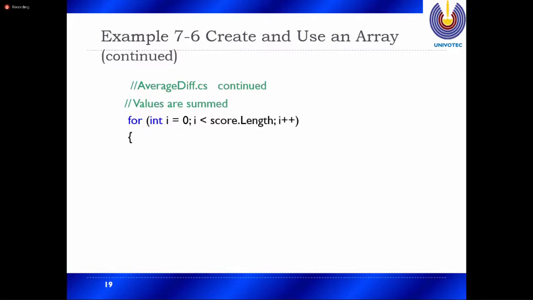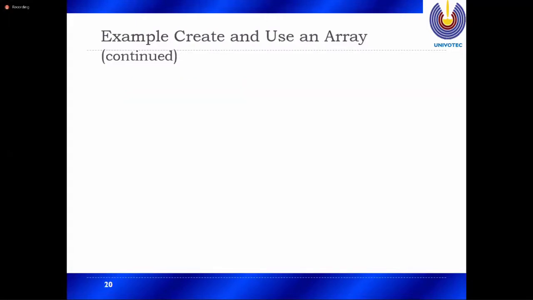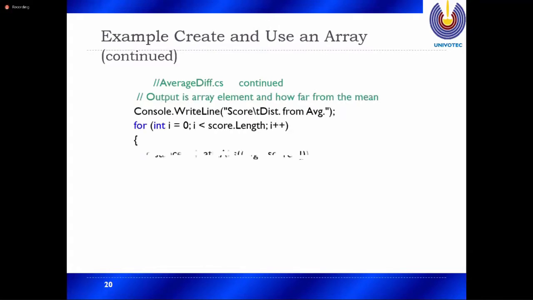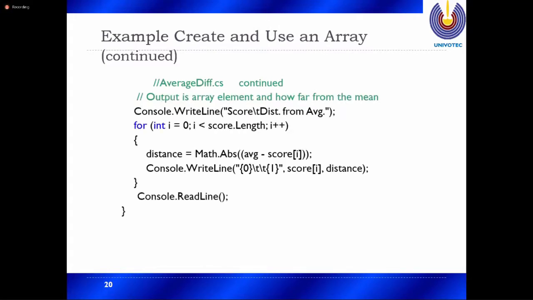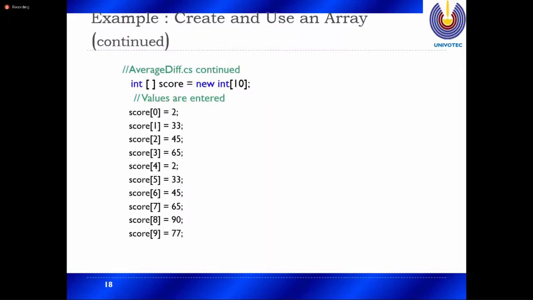But if you use score.length, it automatically takes the number of elements, or length of the array, from the declaration and initialization of the variable. That's the array type, and any value you can assign, because I assigned 10 elements.